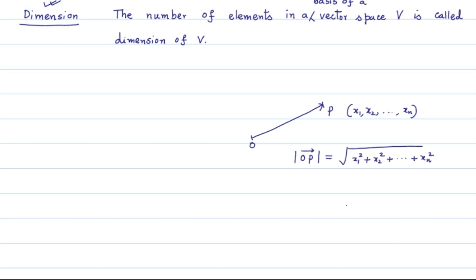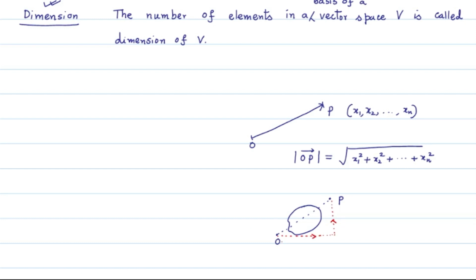However, practically, in order to reach from the point O to the point P, we may have certain obstacles over here, and therefore to reach the point P from the point O, we might have to take a path of right angles like this.